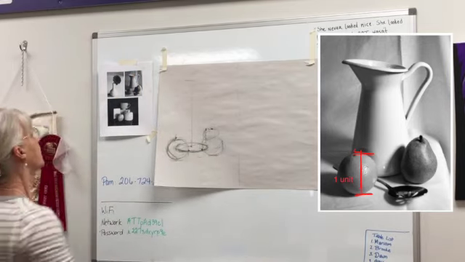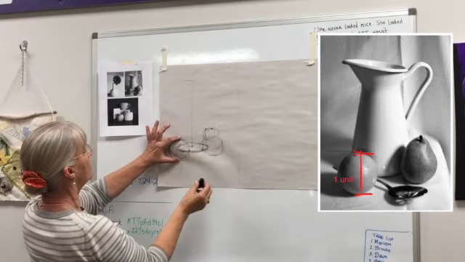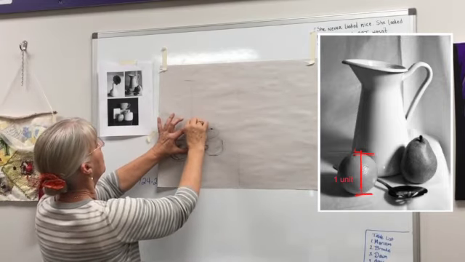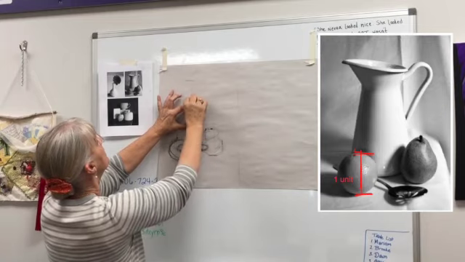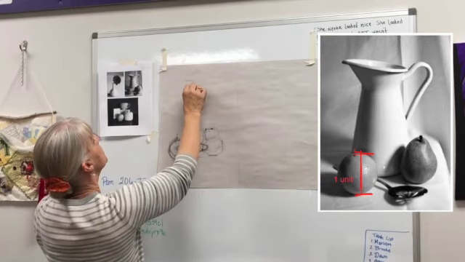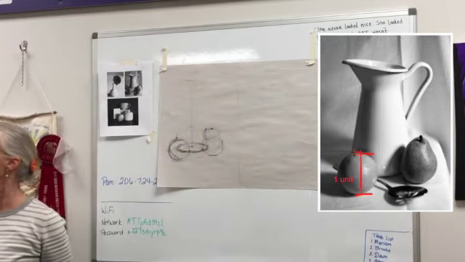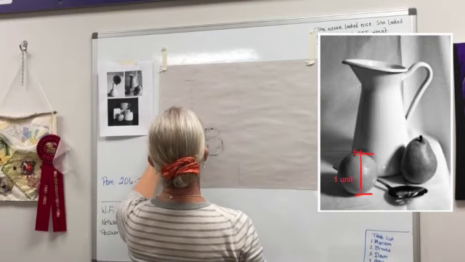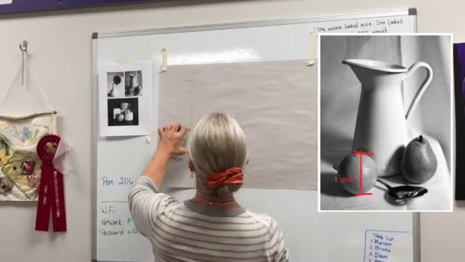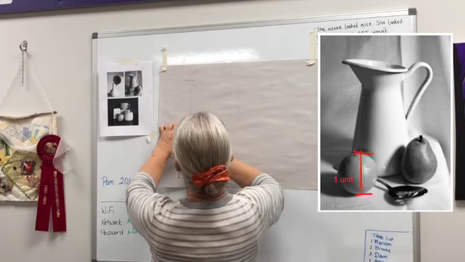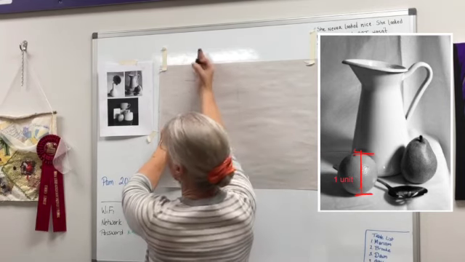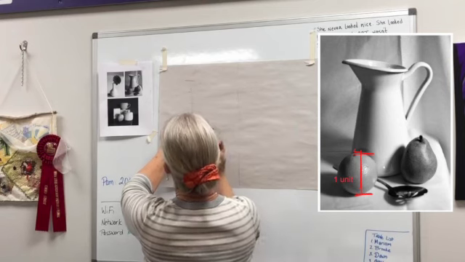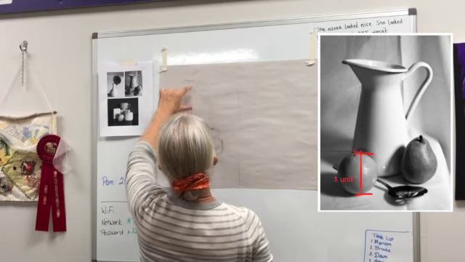So now I can figure that out on here. Here's my orange. 1, 2, and a scooch. I'm taking that measurement from the base. That middle line just helped me to know where the center of the picture is. 1, 2, and a half.